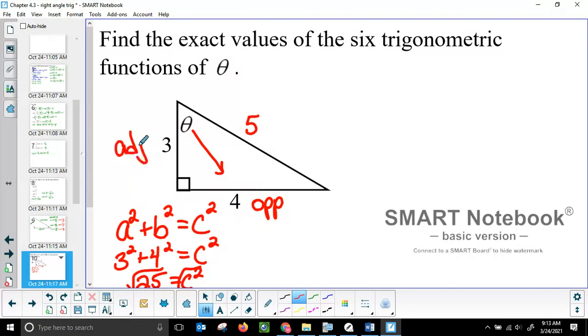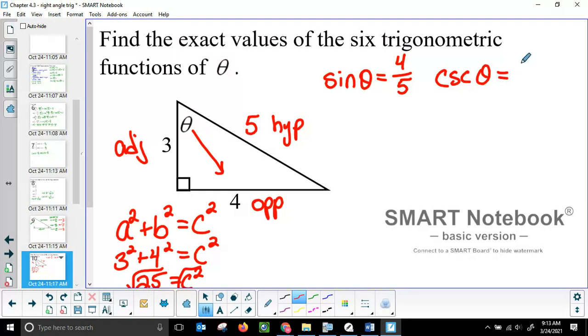Adjacent because it's right next to it. And what is this one, obviously? The hypotenuse. Okay, so if I want to do sine of theta, sine is opposite over hypotenuse. So 4/5.